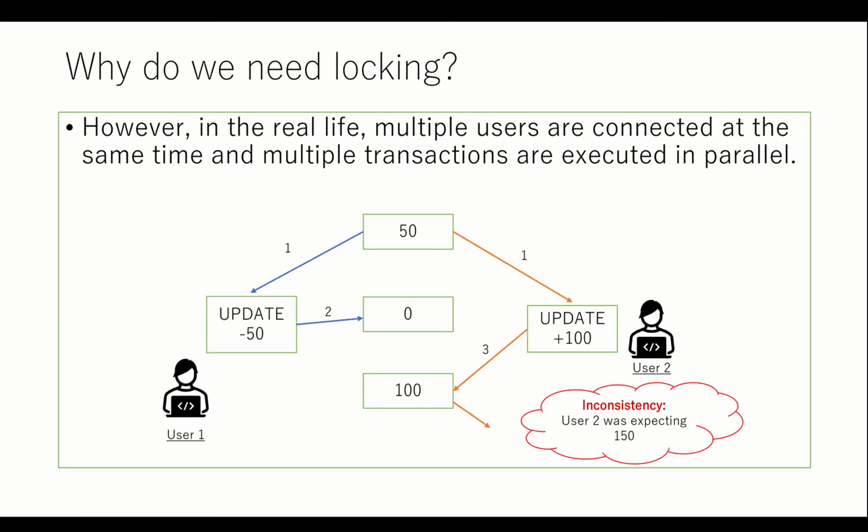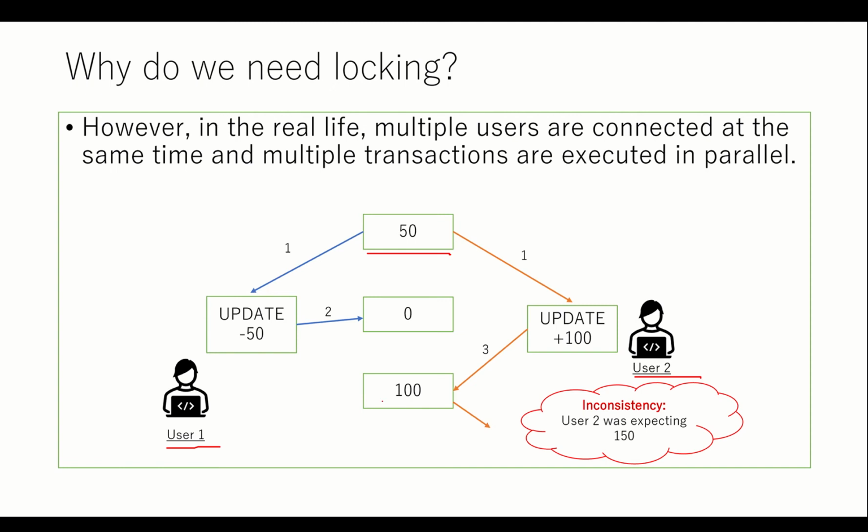So let's make it more specific. For example, we have user 1 and user 2. User 1 and user 2 are accessing the data 50 here at the same time. Aiming to make the data equal to 0, user 1 updates the data by subtracting 50. Being unaware of this update, user 2 here adds 100 to the data, aiming to make it 150.